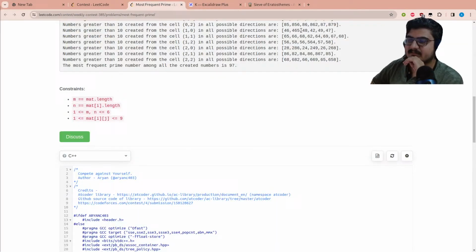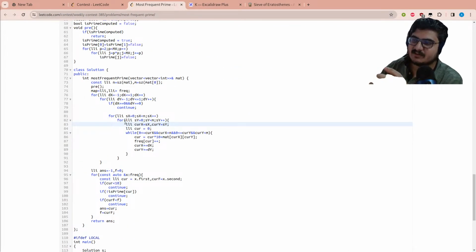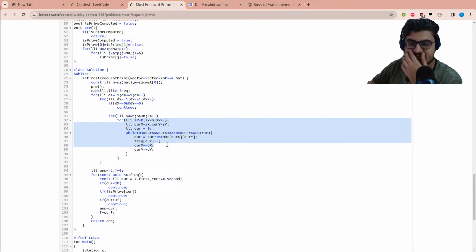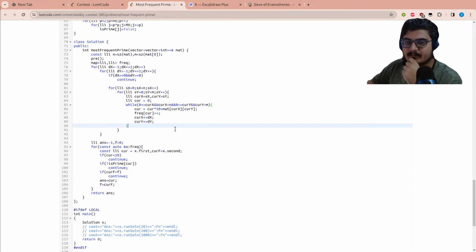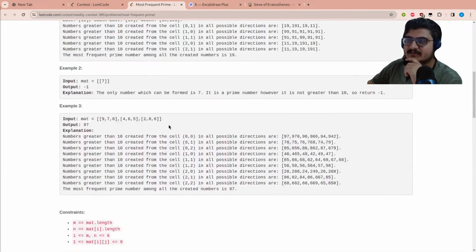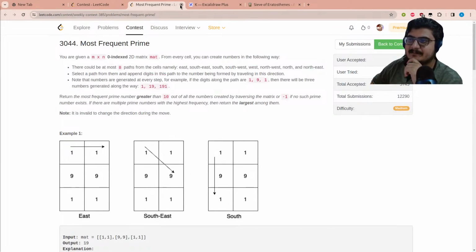This is essentially DFS only, where you are fixing a direction and moving in that direction. Whether you want to create an explicit graph or an implicit graph, it's up to you. So this was the idea.